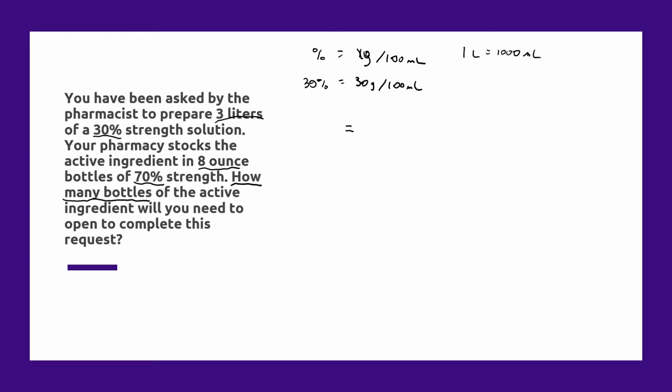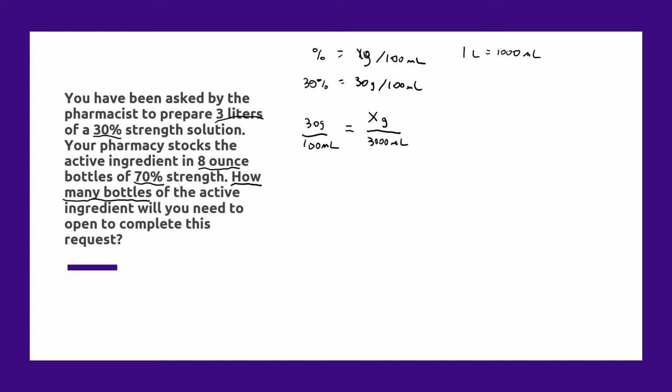And to do that, we set up a proportion with what we're solving for in the numerator on the right. So how many grams of active ingredient would we have in 3,000 milliliters when we know that 30% means we have 30 grams. So on the left, we put our known conversion, which is going to be 30 grams per 100 milliliters.